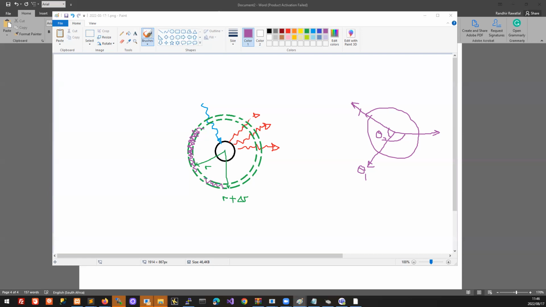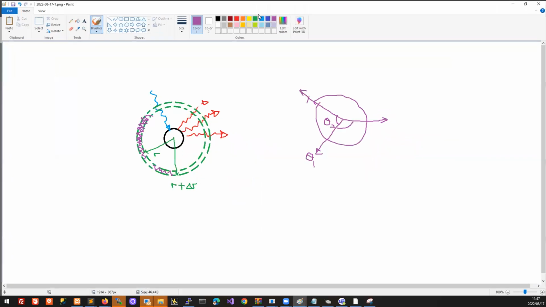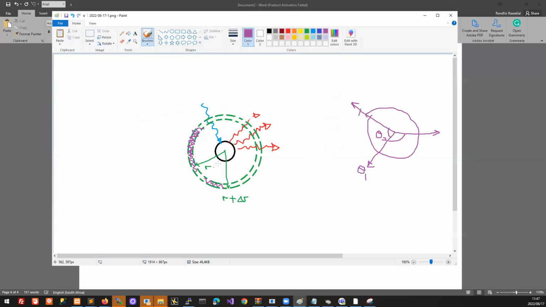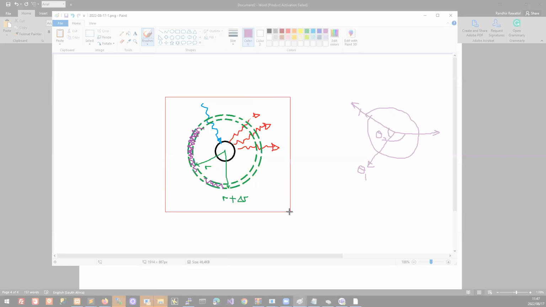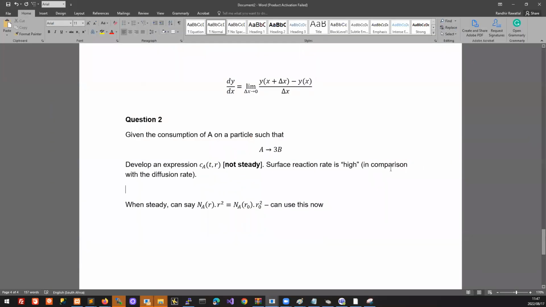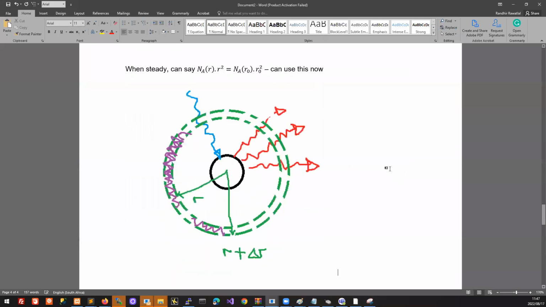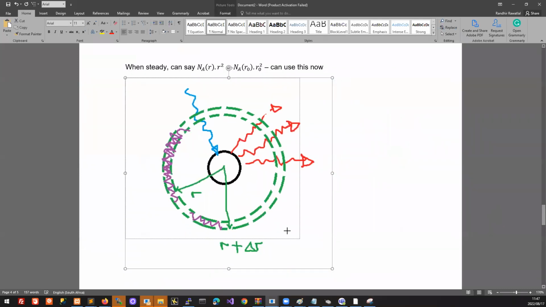So let's just copy this little sketch. So we're copying this figure. That's the first thing we do in answering any of these questions, right?